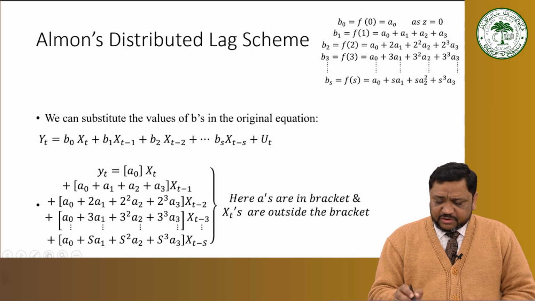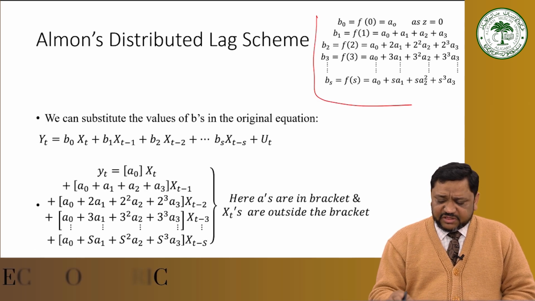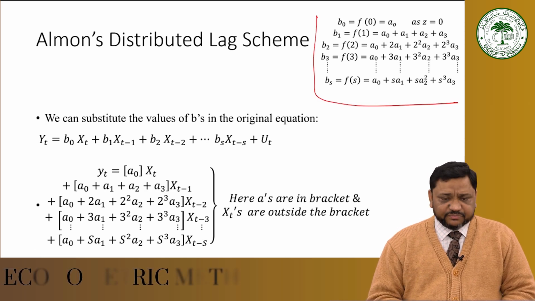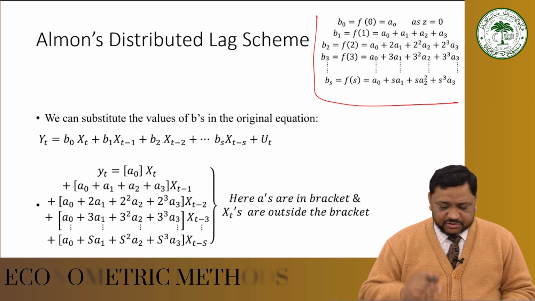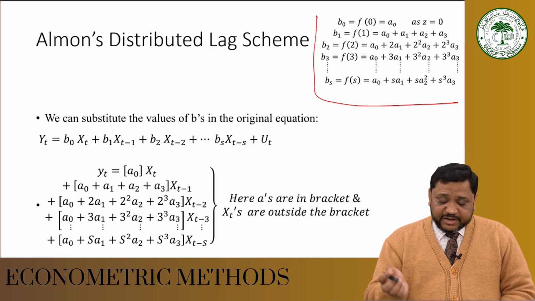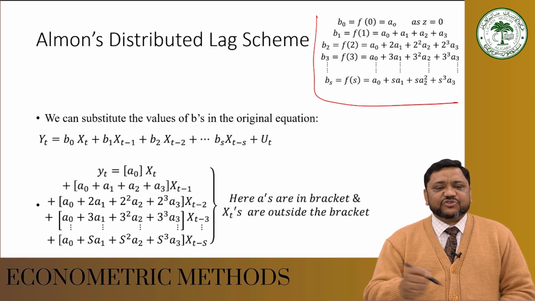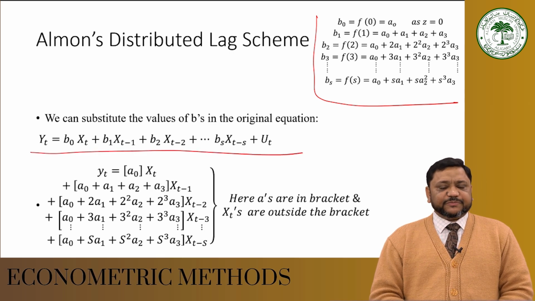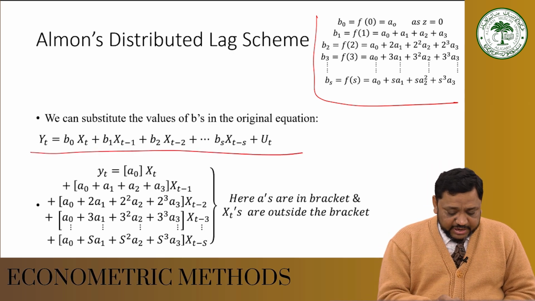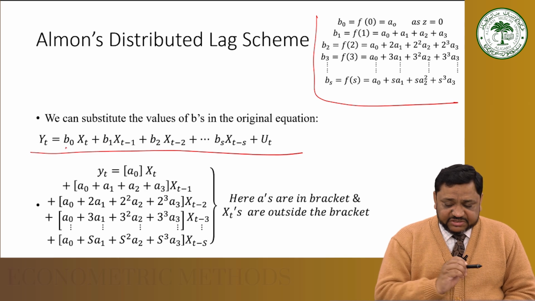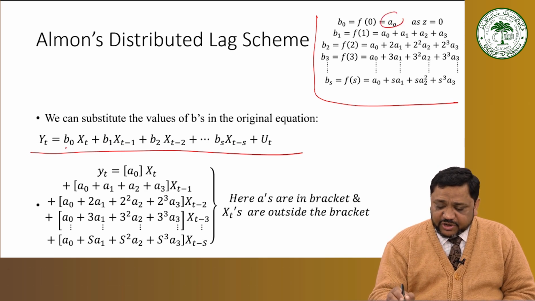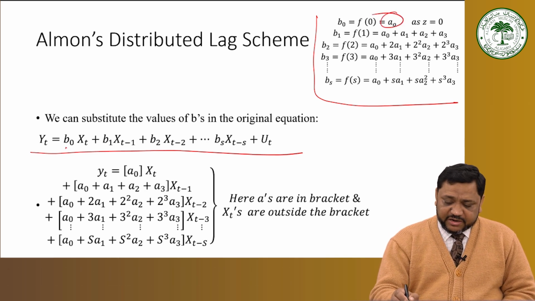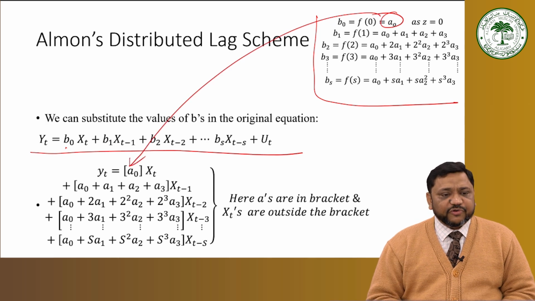Now the same thing that was written over here is given on the side, so that we don't have to flip back. Now we substitute the values of beta in the original equation. What is our original equation? We started with this. In place of beta 0, what was beta 0? a0, so I wrote it over here.